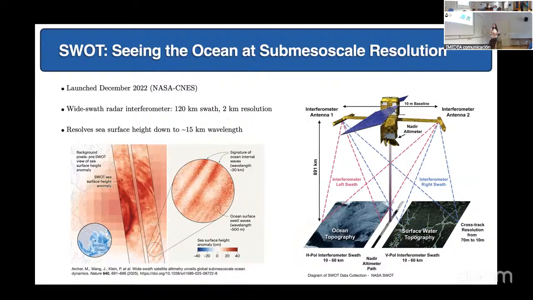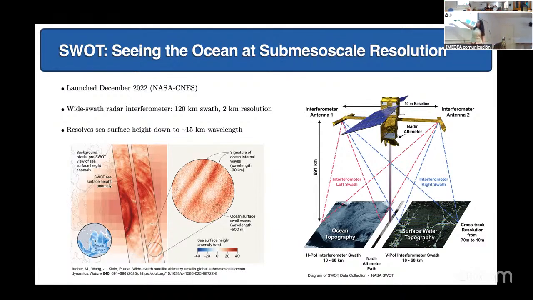So for those who don't know SWOT, it's a mission that was launched in December 2022 by NASA and CNES, and it is sampling the sea surface height with a 2-dimensional structure at 2-kilometer resolution, which is very high. And it enables us, for example, to see structures like this.